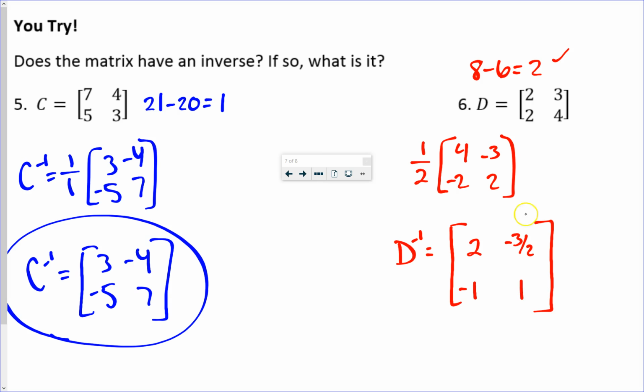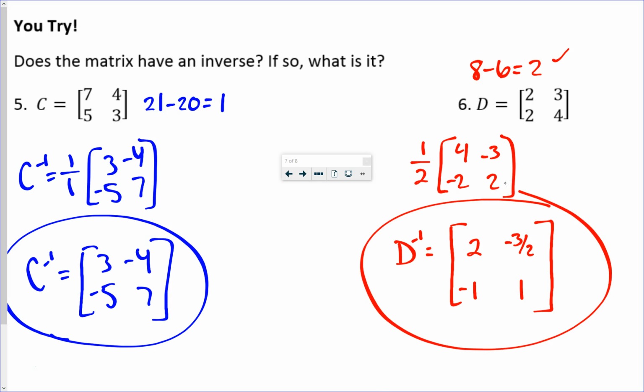One. Good. How do we do, guys? -3/2 is -1.5. So one of those. Yes. That is the same thing. -1.5 is -3/2.